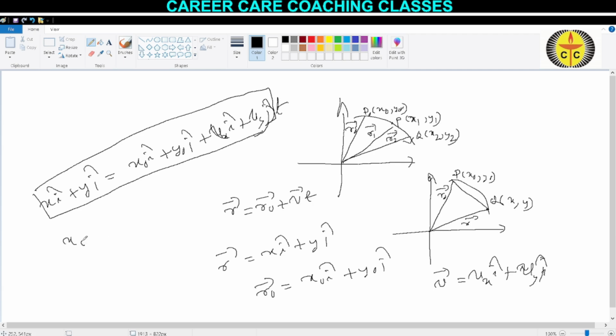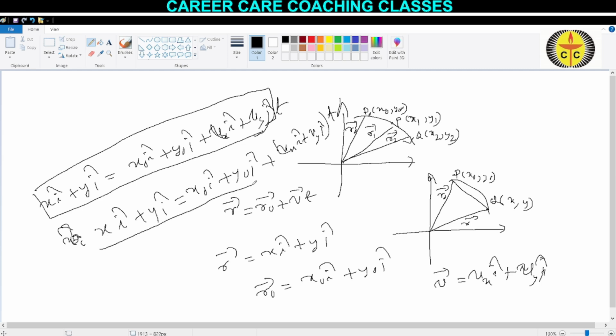The total equation is x i cap plus y j cap is equal to x0 i cap plus y0 j cap plus (vx i cap plus vy j cap) into t. If the particle starts moving from origin, this is the expression.